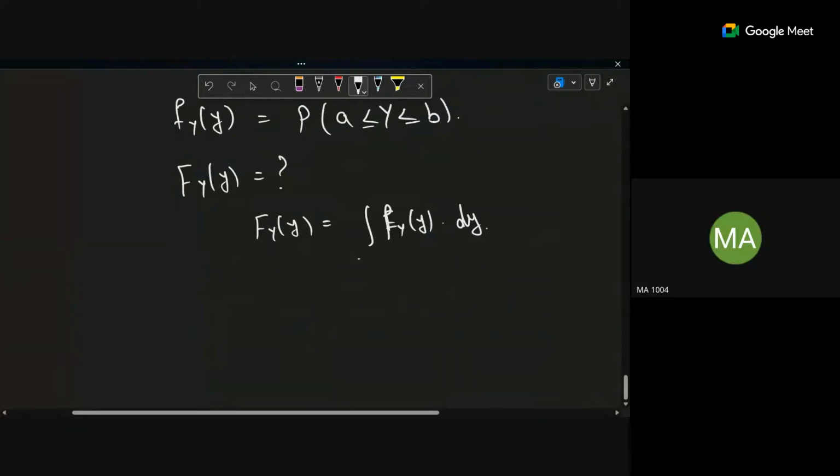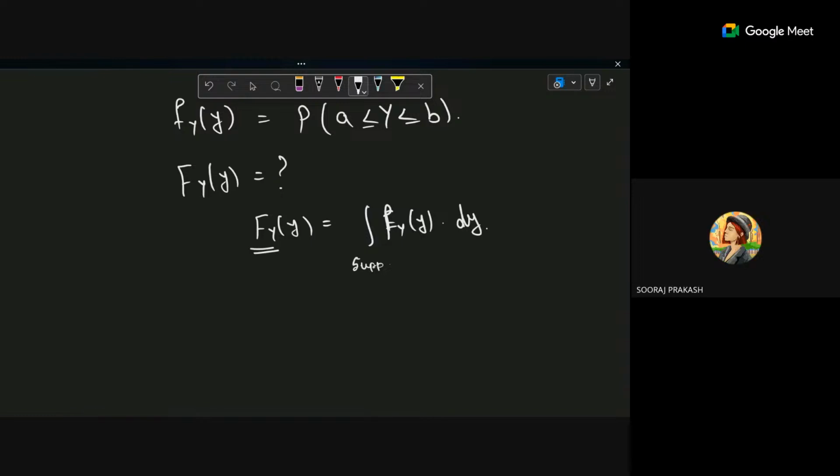No. Whenever it comes to CDF, your integral limits will be the support. Always remember it should be the support. It may not be fixed. The range is from A to y, right? No, because I have not defined that my lower limit is A. It might be 0. That's why I just wrote support, but you can generalize it from the lower limit to your random variable y.